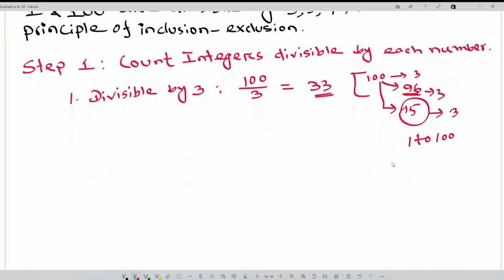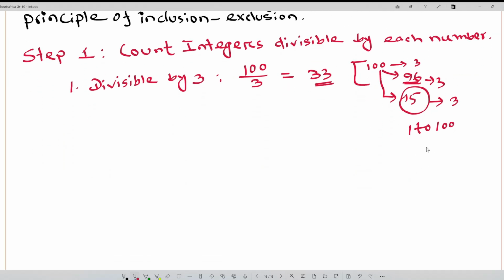Like if the question is how many numbers from 1 to 10 are divisible by 3, so 10 divided by 3, it means 3. We need an integer, not a fraction. So which numbers?